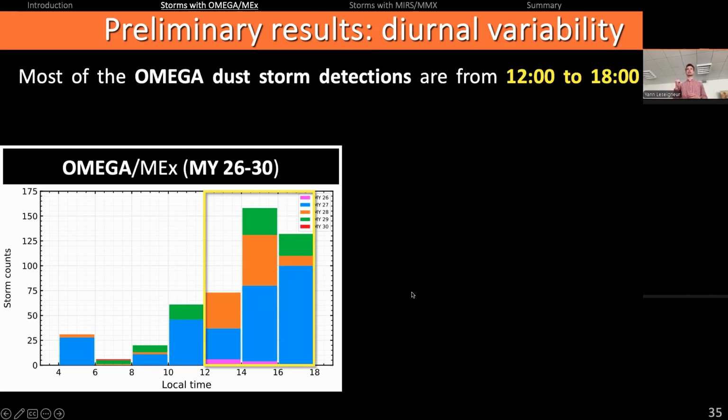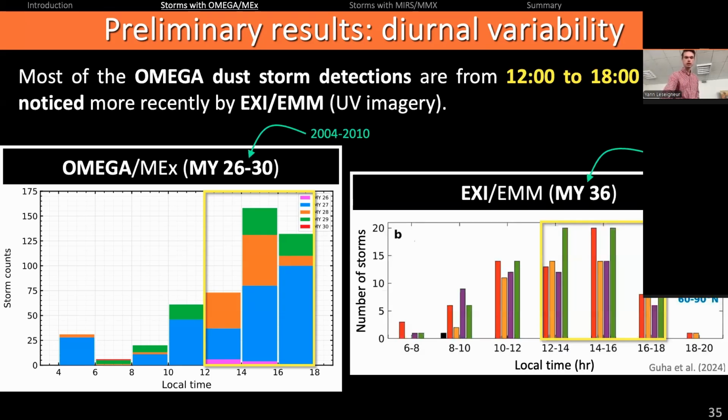And like 3 or 4 years ago, another mission called EMM arrived in the Martian system and has an equatorial orbit that allows to have some different local time observations, like 10 Martian years after the arrival of Mars Express. And now we have few detections, like less than 100 detections at different local time.